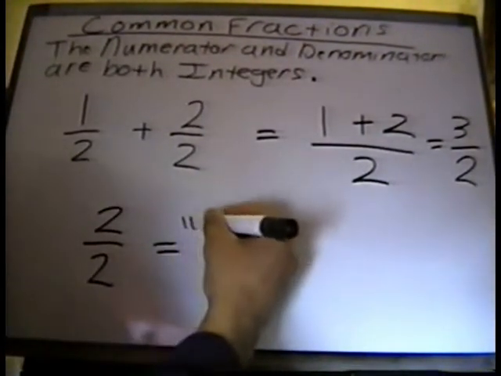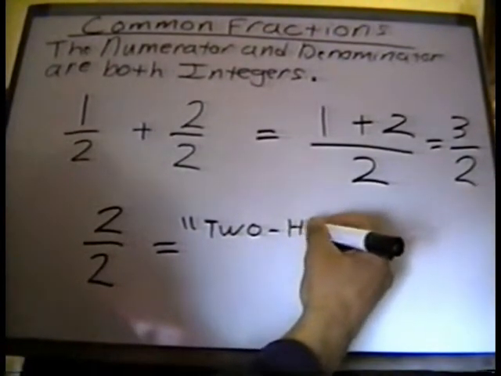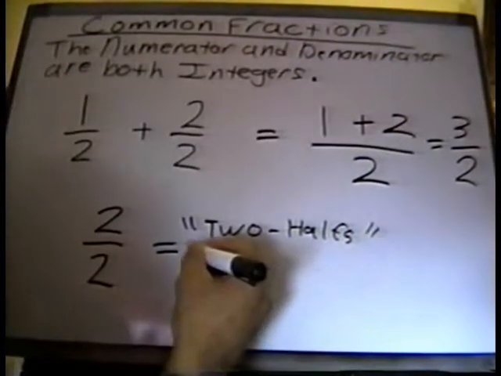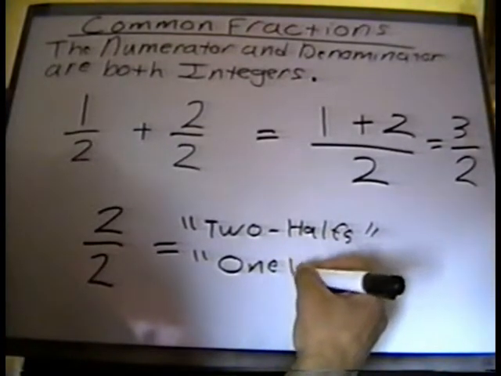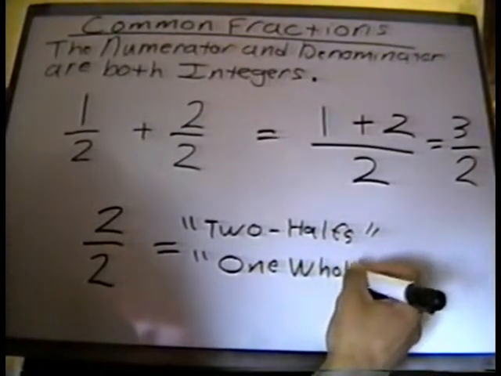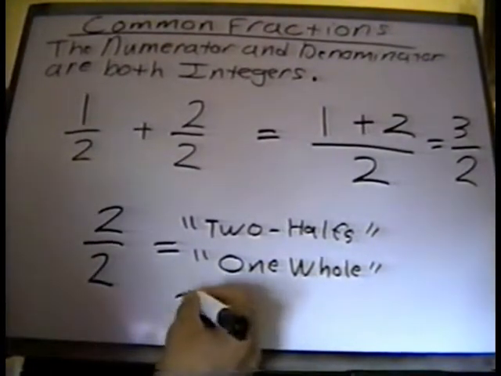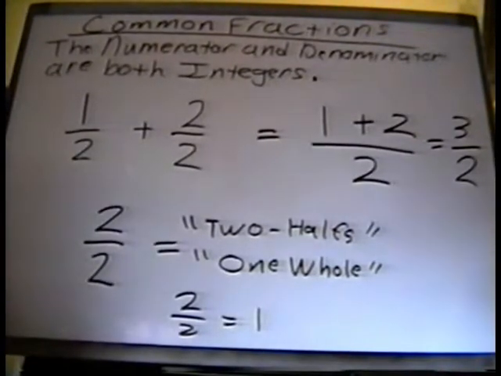So this 2/2, that's 2/2, but it's also 1 whole. Because 2 over 2 is equal to 1, which represents the whole.